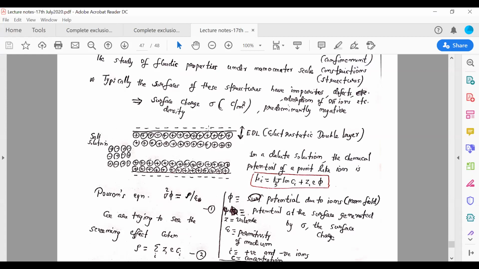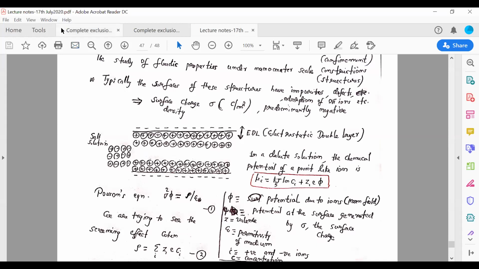If it has a negative surface charge, the positive ions from the solution, when transported, are attracted towards the surface. Now any system that is not electrostatically neutral always tries to compensate.